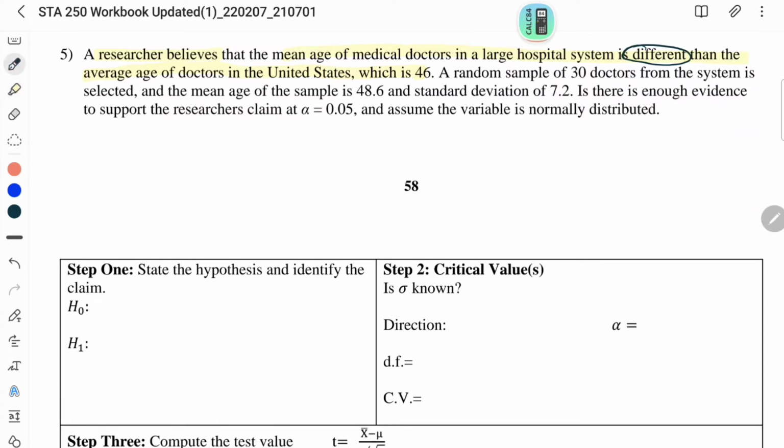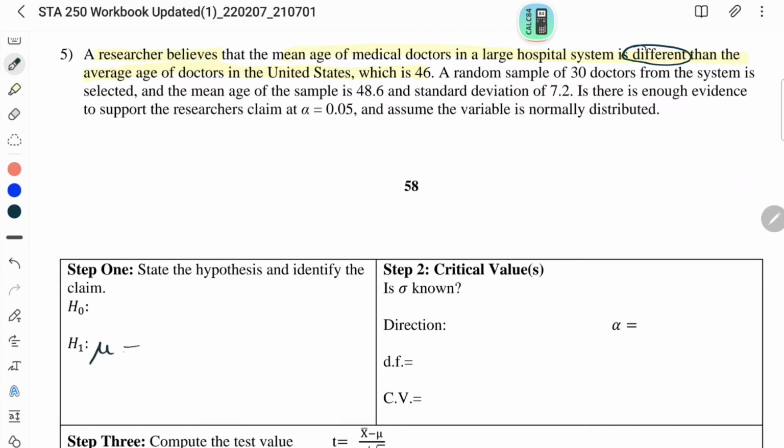The word is different. So different indicates that it can be older or it can be younger. It can be greater, it can be less than, or it can be lower. So I'm going to write my alternative hypothesis first. Mu, what kind of mu is that?